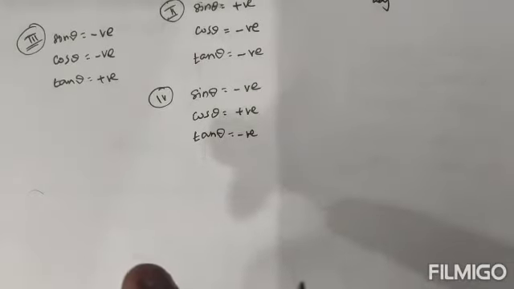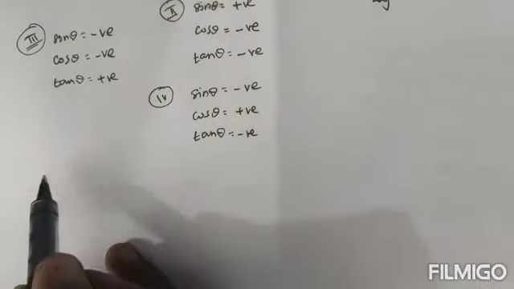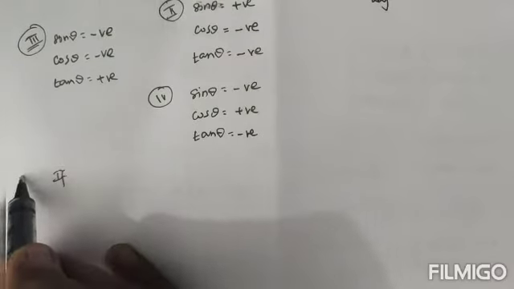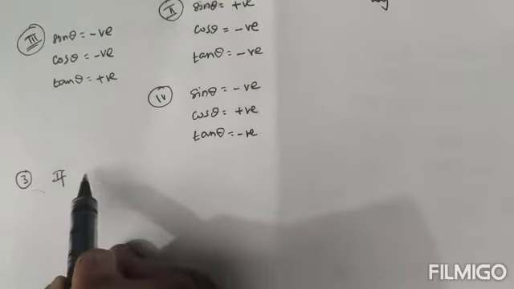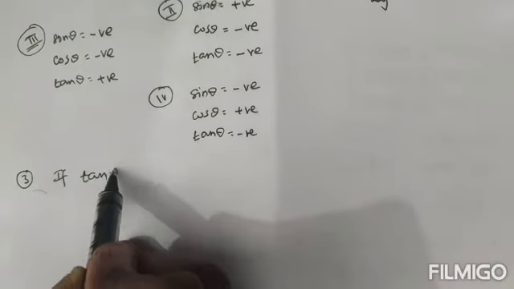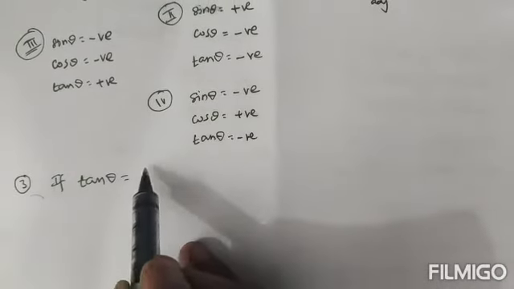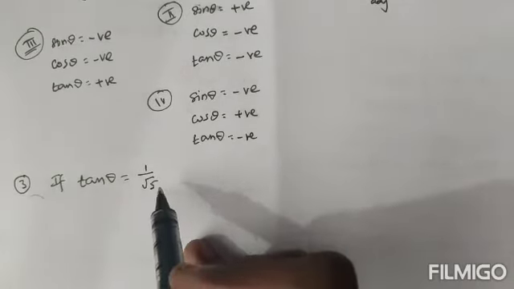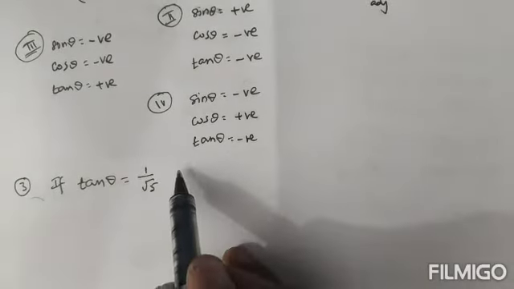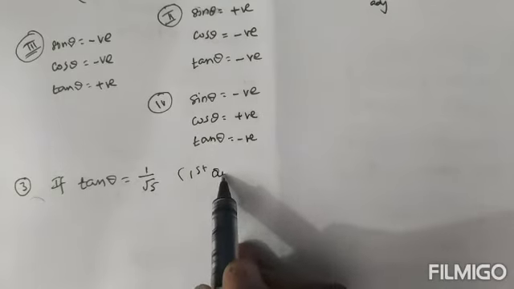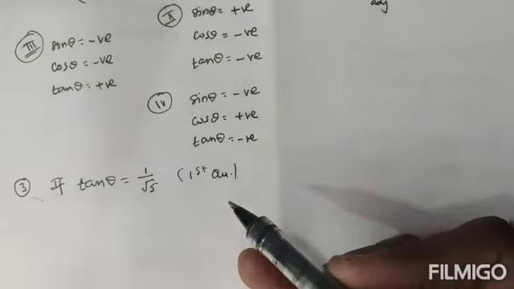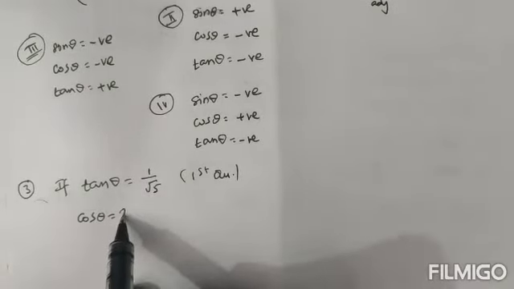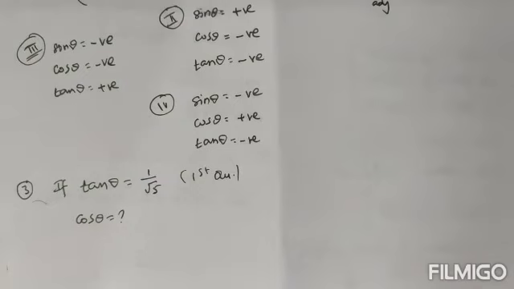The question is, if tan theta equals 1 by root 5, and theta lies in the first quadrant, then the value of cos theta is asked. Okay, let's see that.